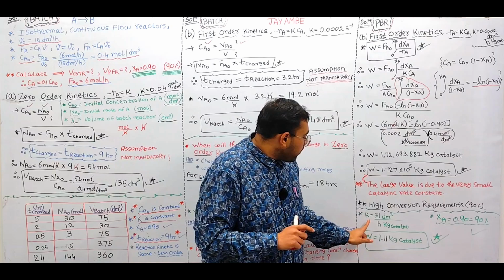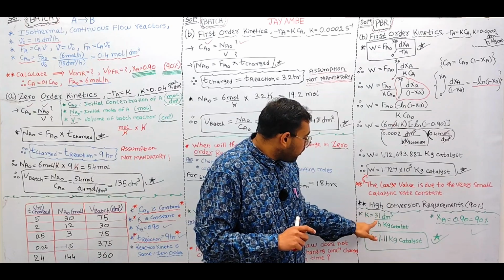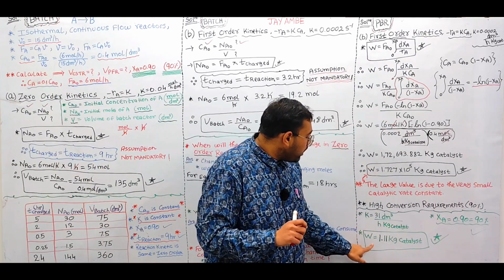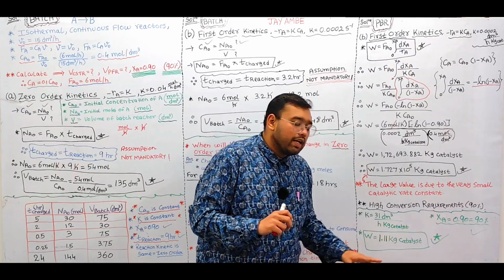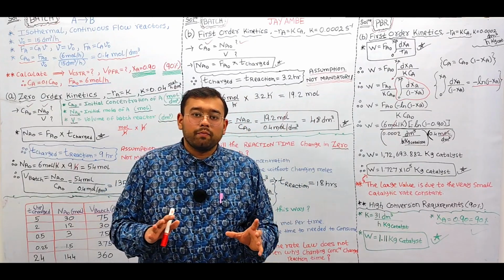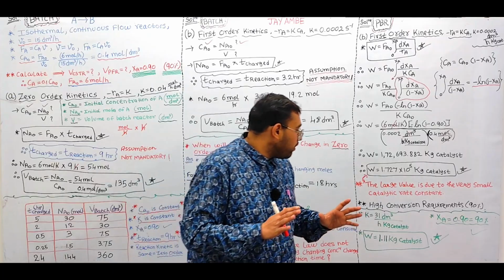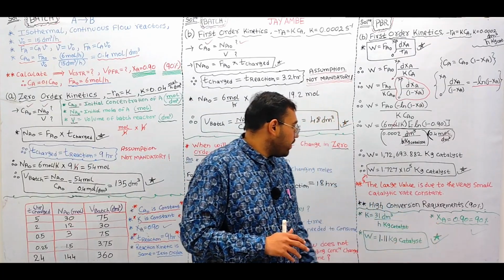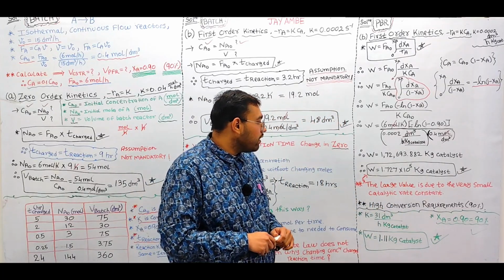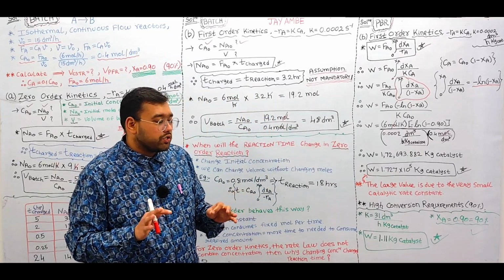By using the rate constant value of 31, we'll require 1.11 kg catalyst and we'll obtain 90% conversion. I hope you have understood.